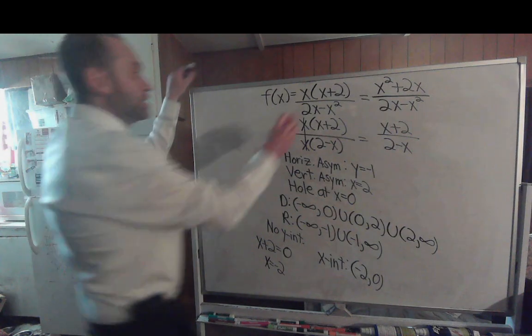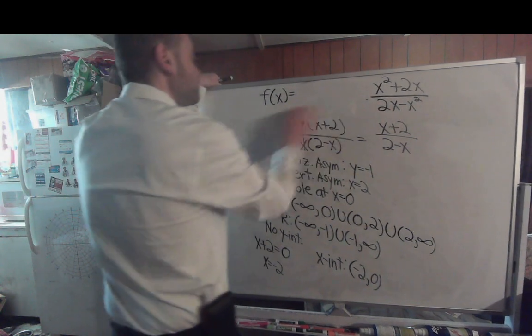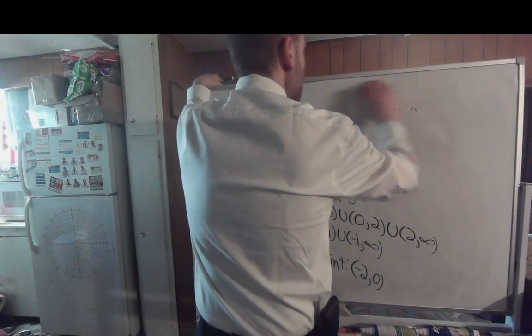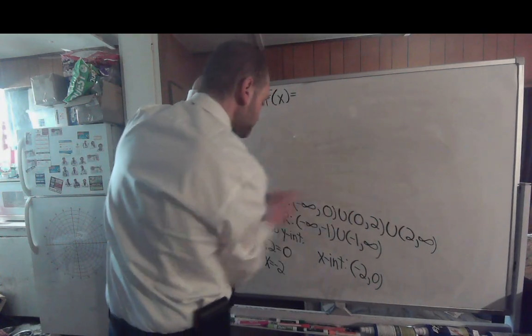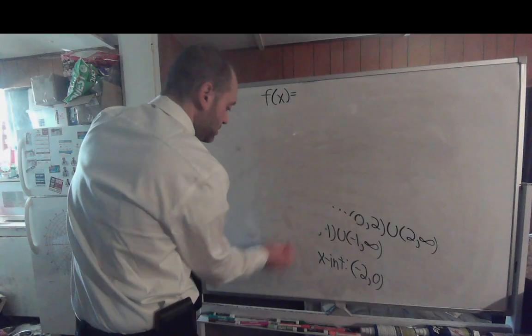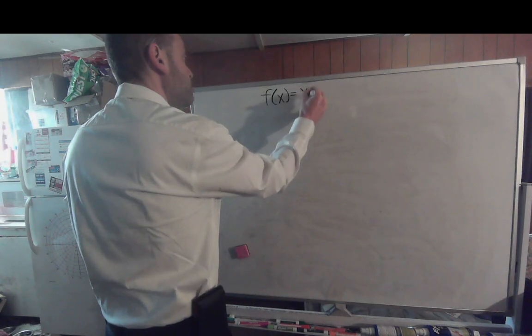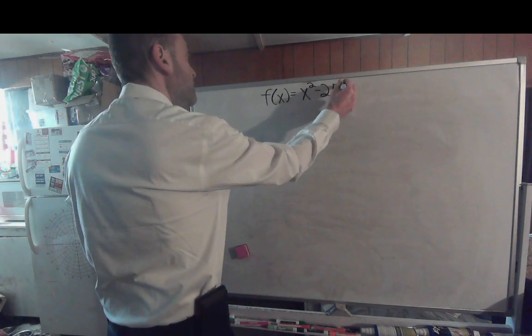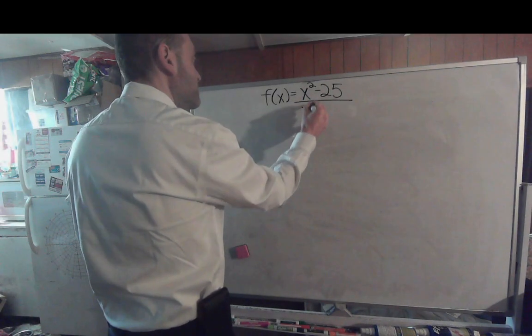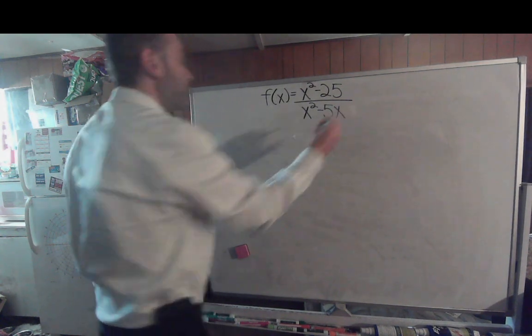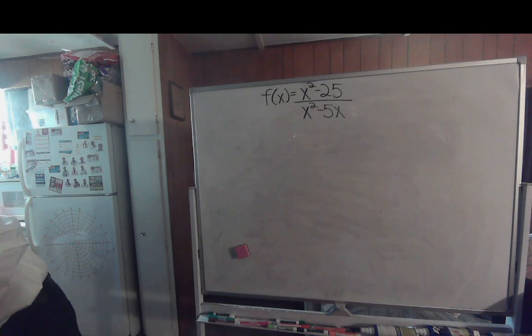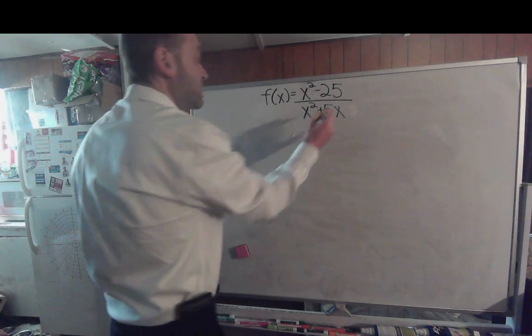Okay. Let's do another one of these. All right, f of x equals x squared minus 25 over x squared plus 5x.